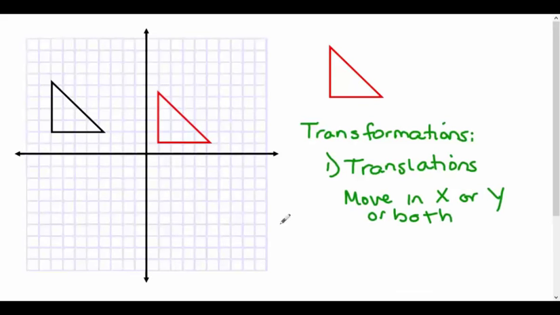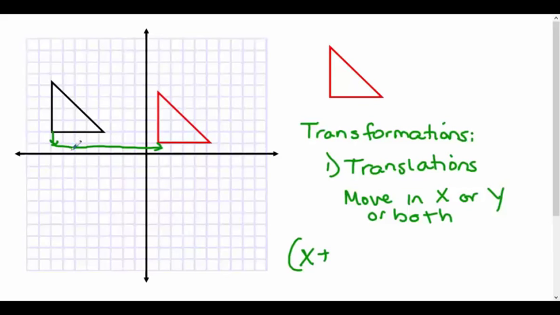In this picture, this triangle has shifted down in the Y direction, and then it has shifted to the right in the X direction. If you wanted to write a rule for that, you could start with your X wherever it starts, and then we move to the right, so we are going to say X, and then we're adding however far we moved.